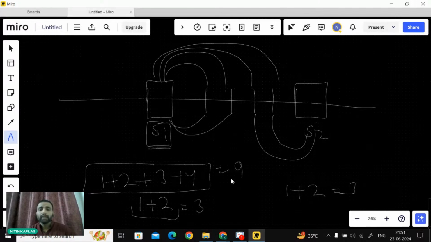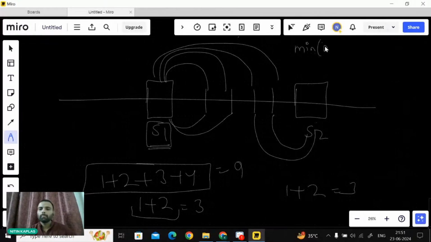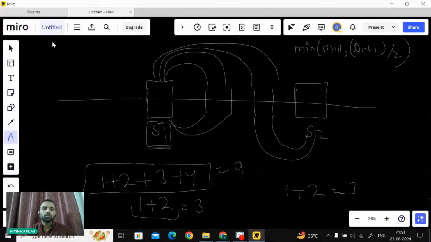This is 9. I have to pay much more, right? That's why what I'm doing is minimum of mid. Mid is my range. Now, what is the distance plus 1 by 2? For example, your father has 10 plots. So you are two brothers, B1, B2. Just divide by 2, no?